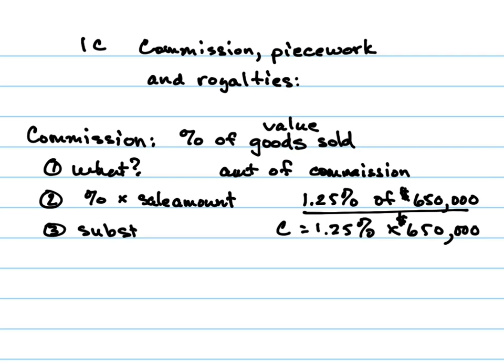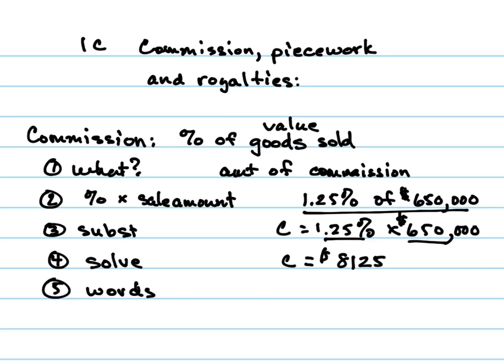And finally, solve. Here, we're just going to multiply that number times that number, which gives us a commission amount of $8,125. And of course, we want our answer in words.